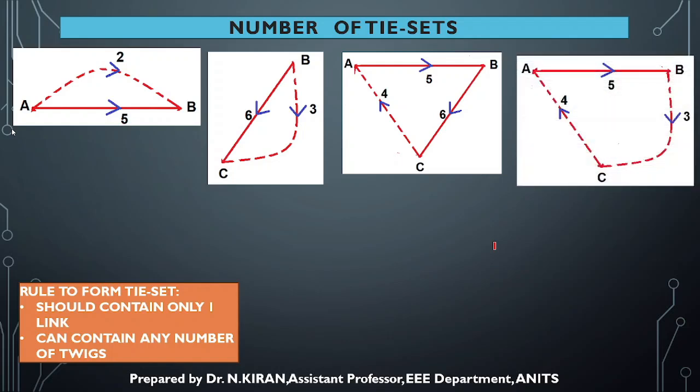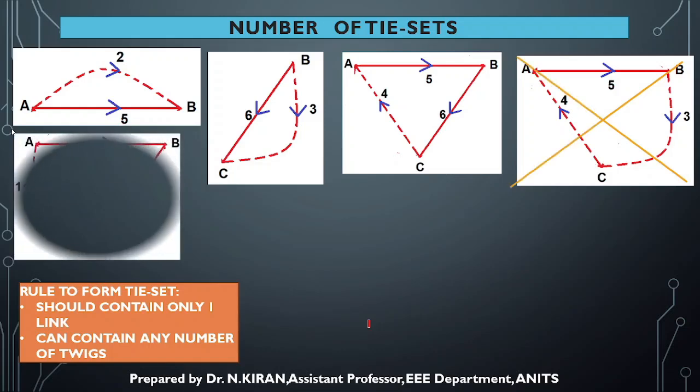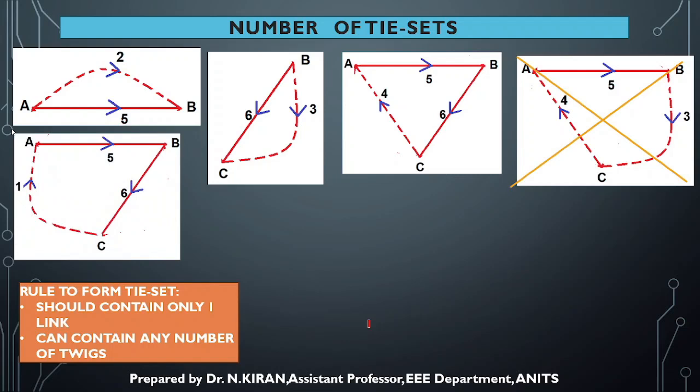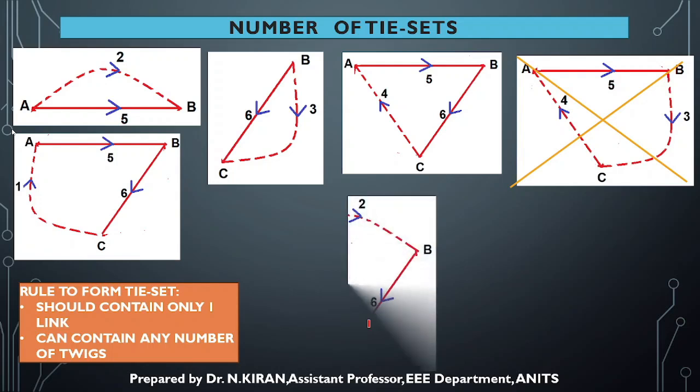Next, if I see clearly here, I have 2 links and 1 twig, but according to my rule, in order to form a tie set, it should only contain one link. It should not have more than one link. So this cannot be treated as a tie set. Coming to the next possible tree, here also I have one link and 2 twigs. So the condition is met.